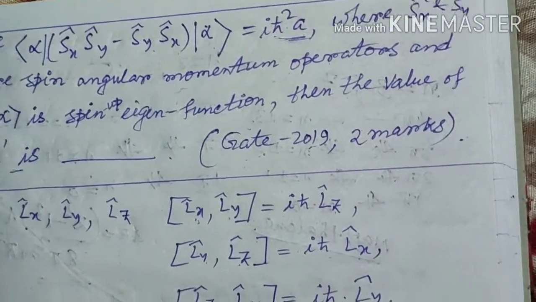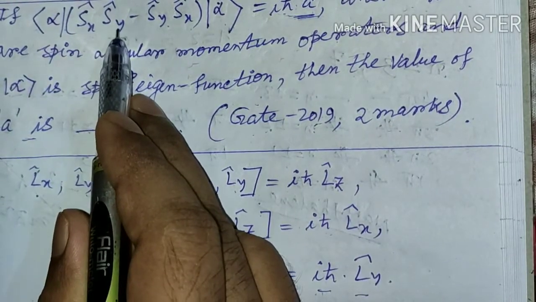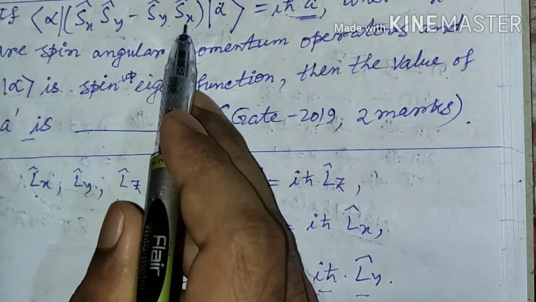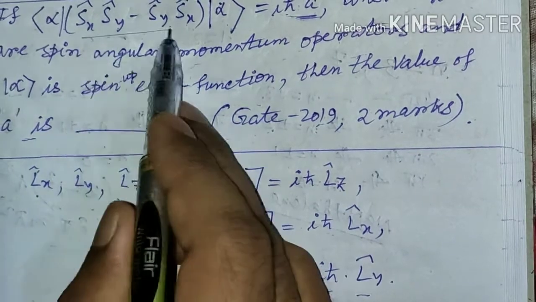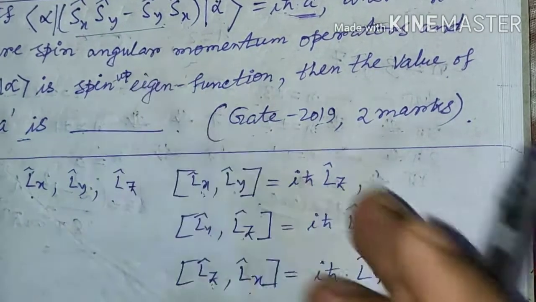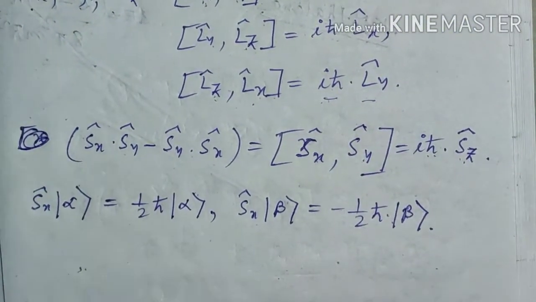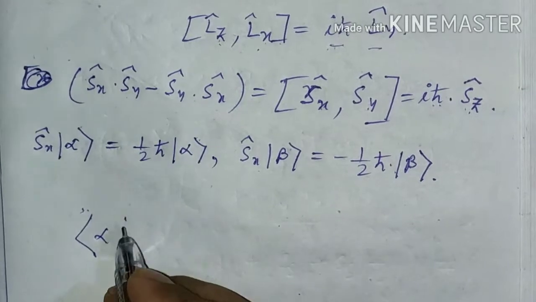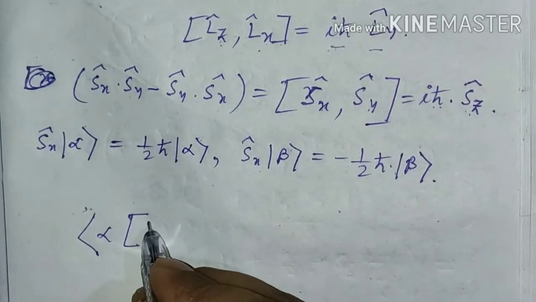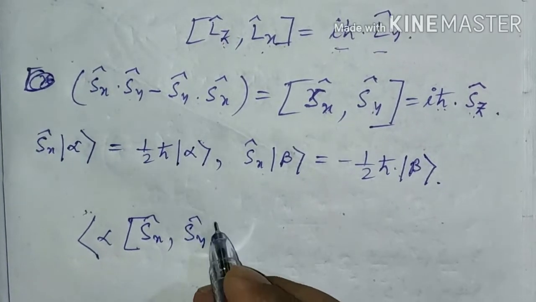Now in the given question, it is given as Sx into Sy minus Sy into Sx, that is, in place of this we can write the commutator of Sx and Sy.